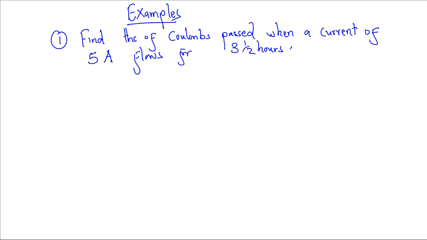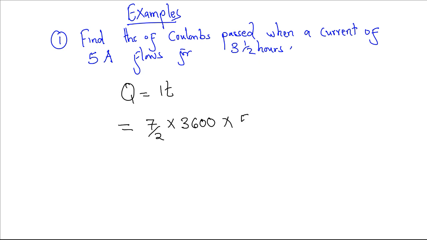Solution: Q is equal to IT, that is 7/2 times 3600 to convert into seconds, times the 5 amperes. This is 1800.